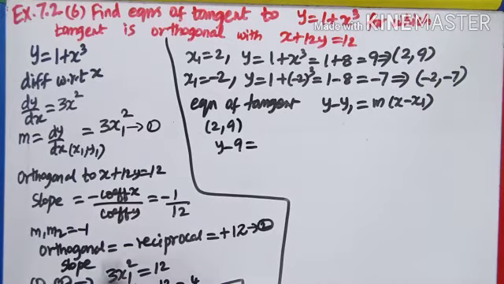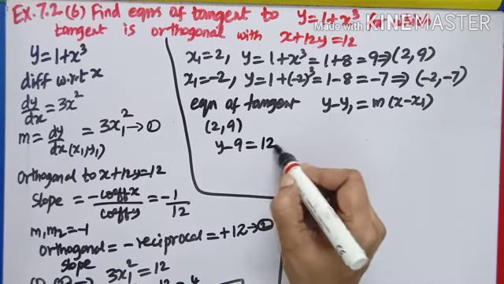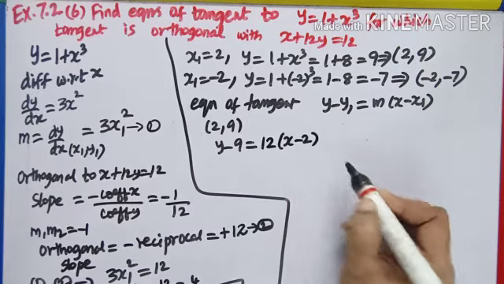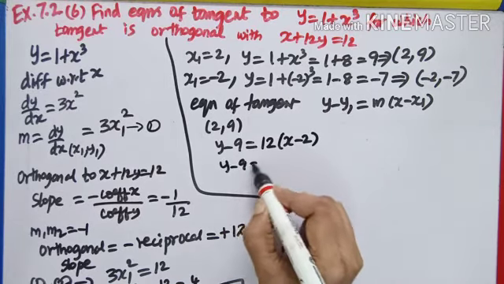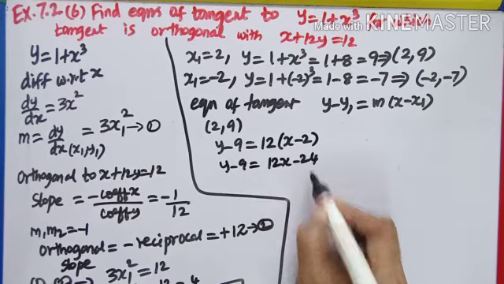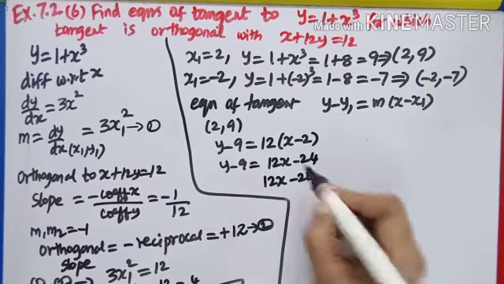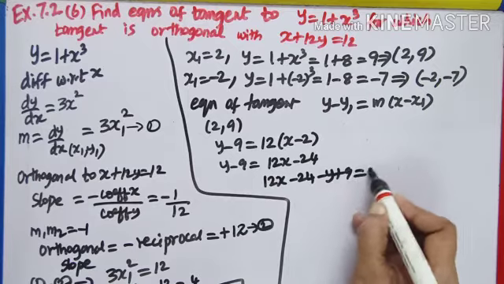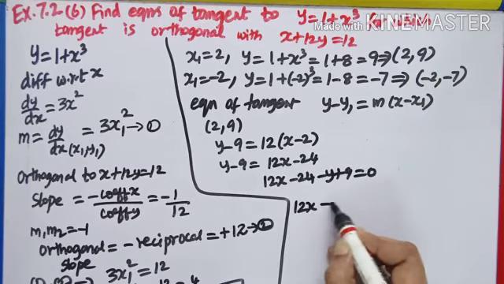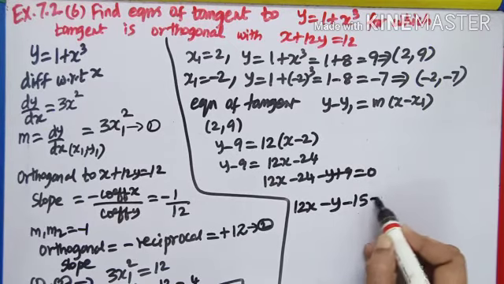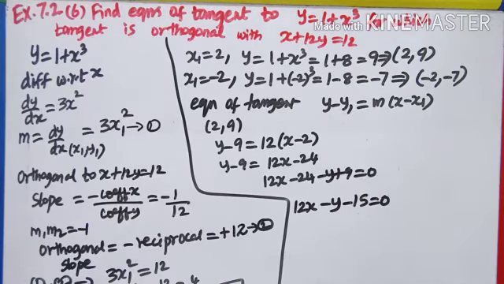M value is, here we have written 12. 12 into x minus 2. Y minus 9 equals 12x minus 24, bringing all to the same side. 12x minus 24 minus y plus 9 equals 0, or 12x minus y minus 15 equal to 0. That is the first equation.